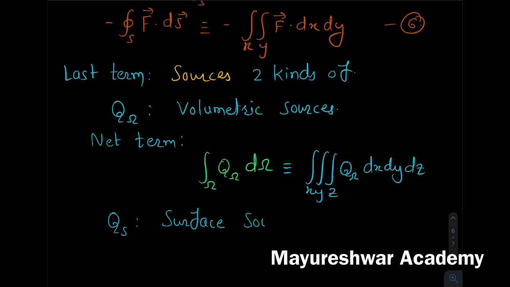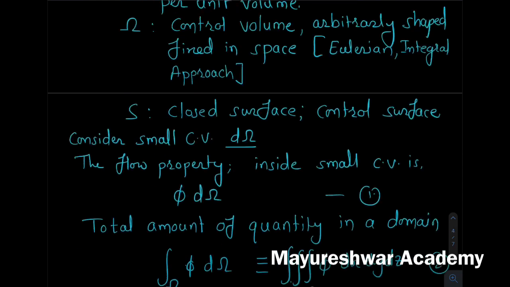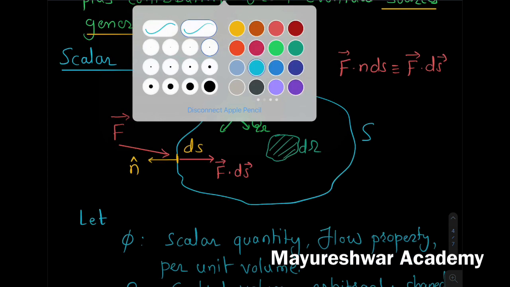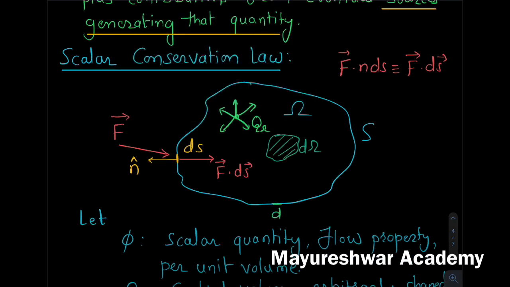Now the second source will be surface source of the flow property. So that is generation of the property from surfaces. So again we need to indicate some small component of ds, and the sources, the generation of that quantity, marking as qs bar, because it is going to be throughout the surface.